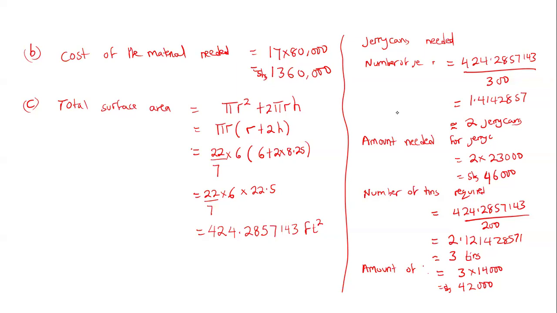Sorry, to buy the paint in tins to use for painting his metallic tank, because the cost is much cheaper than that of the jerry cans, hence enabling him to save some money.